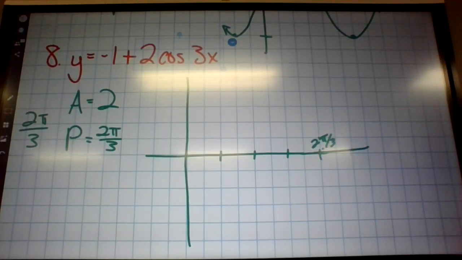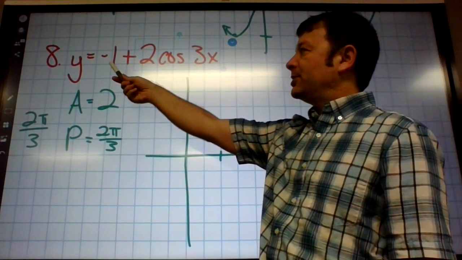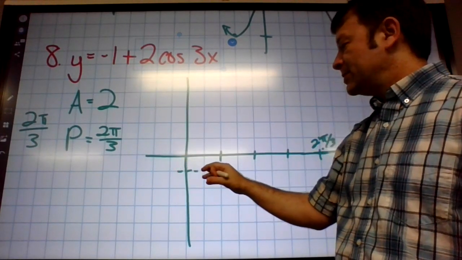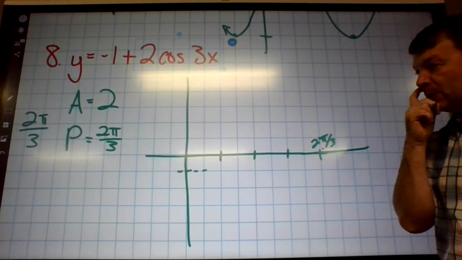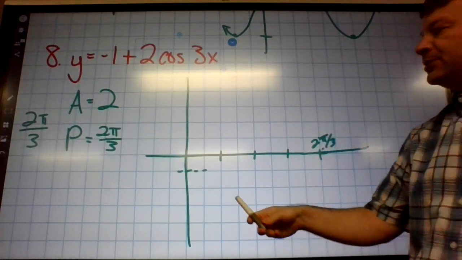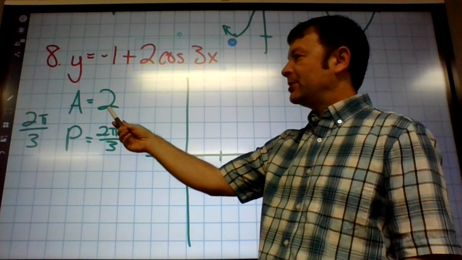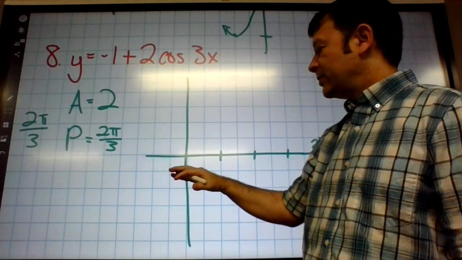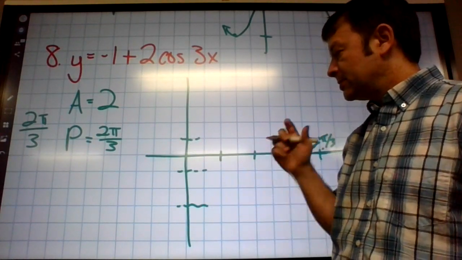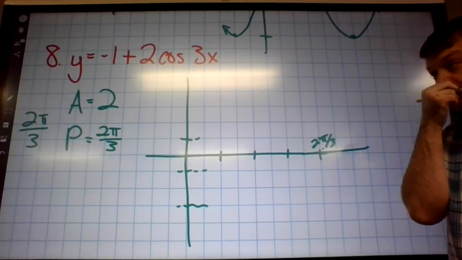Okay, this one has something different. What's this -1 doing to the graph? Okay, the middle of the graph is going to be down 1. But the amplitude is 2, so what does that tell me? From that middle, it should be going up 2 and down 2. So those should be the boundaries of the graph.